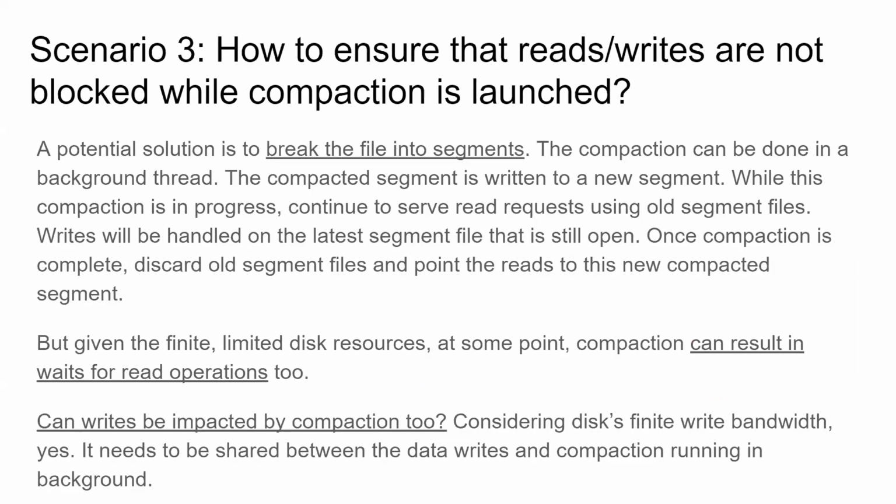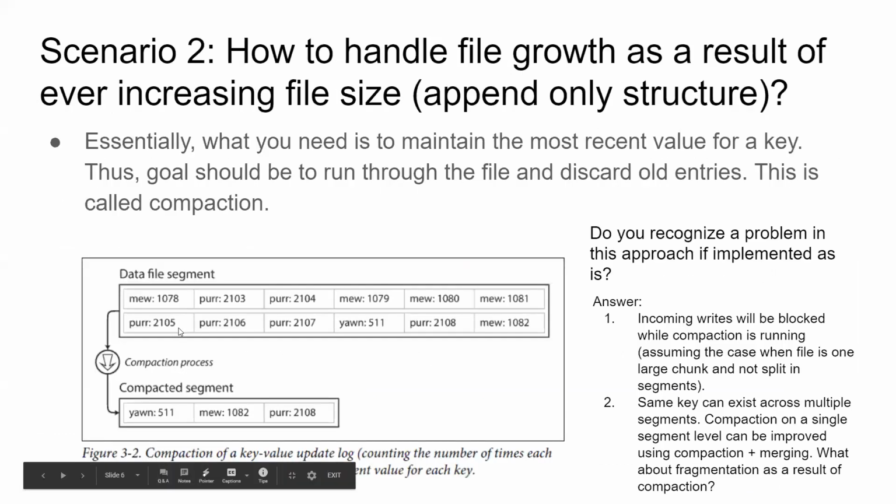Yeah, so if you look at this compaction process, when it runs, it allocates a new segment where the compacted records will be written. It goes through the segments and writes data to the new segment.